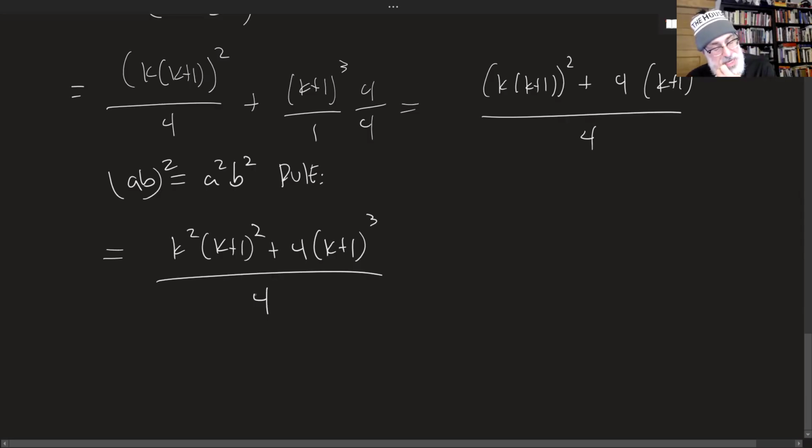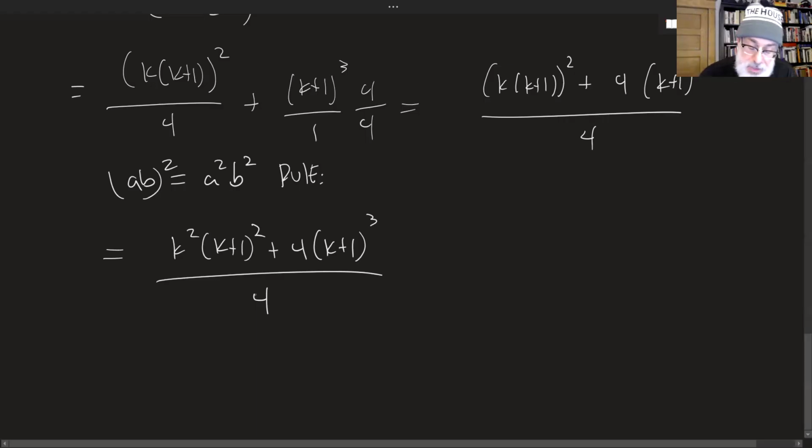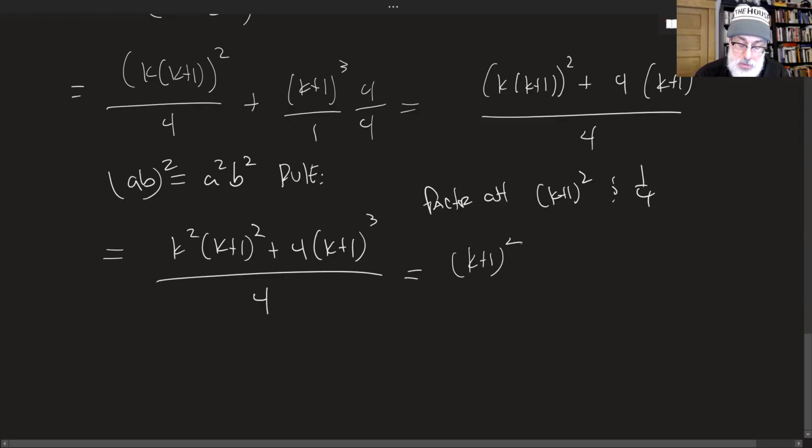The reason I wrote it like that is so when we factor out the k plus 1, we're going to take out a (k plus 1) squared, and we're going to take out 1/4. So here we're going to factor out (k plus 1) squared from each term and 1/4 from each term. So (k plus 1) squared divided by 4. And then what are we left with?